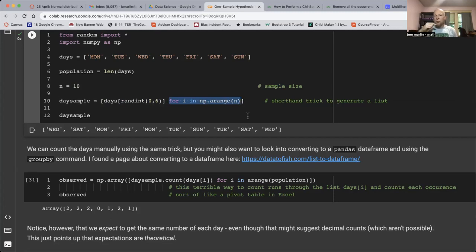So that says run through the numbers 0 to n minus 1 and let i be each one of those. i doesn't actually appear in the calculation, but it will have the net effect that it will go 0 through 9. So it'll go 10 times through this loop and pick something randomly out of that days.